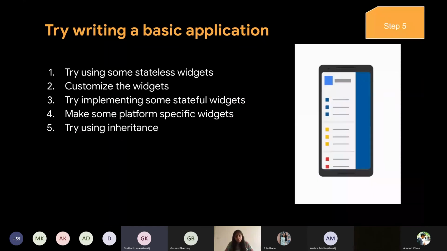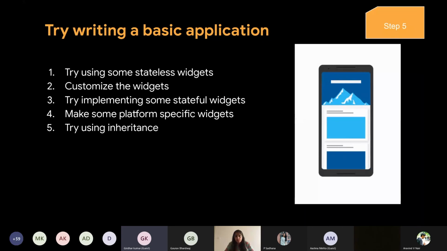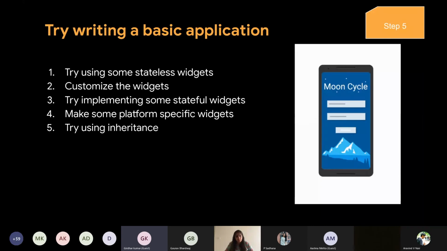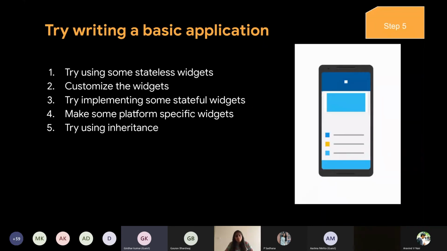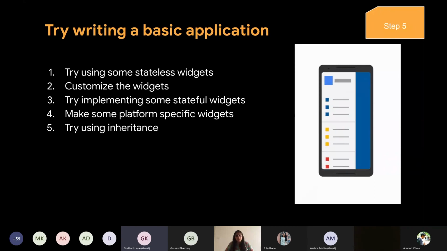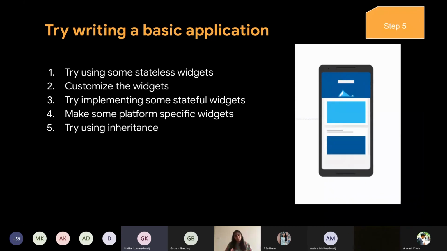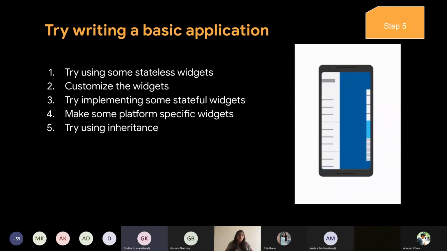Then you customize it, like add a text, try to customize it. Then second step is add a stateful widget, like add a button and try to customize it. Then fourth step is make some platform specific changes. How can an app behave differently on an Android versus iOS application versus a website? You can try making those platform specific changes and then try using inheritance.